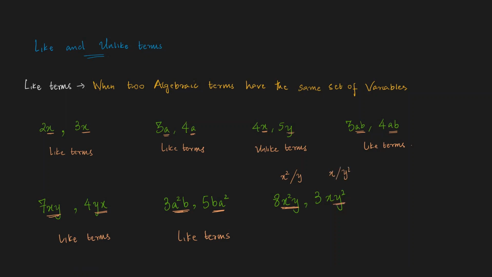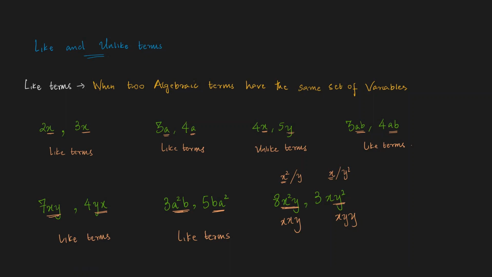And these are not the same thing, because x is not the same as x squared and y is not the same as y squared. This just means this is xy, right? x squared means there are two x's multiplying with each other. So this is just xxy. And this is xyy. This has 2x and 1y. This has 1x and 2y.